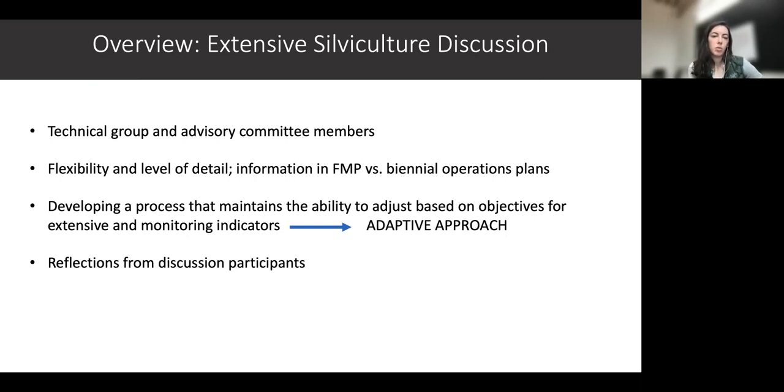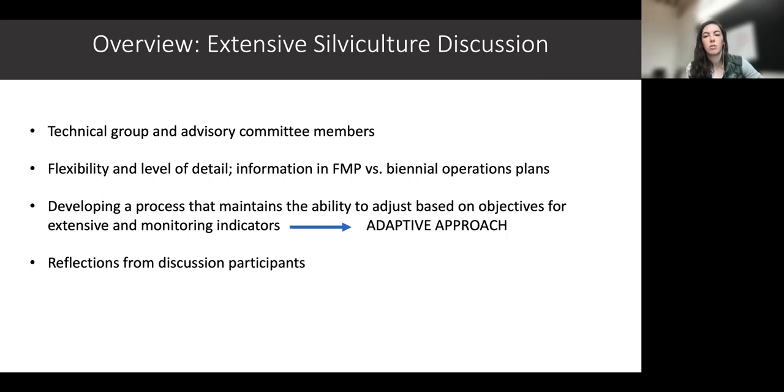The group talked about developing a process that maintains the ability to make adjustments to the experimental design and management that goes hand in hand with that, based on the stated objectives of extensive that are in the forest management plan in draft form right now, but continue to be worked on, and the monitoring indicators that are part of the forest management plan.